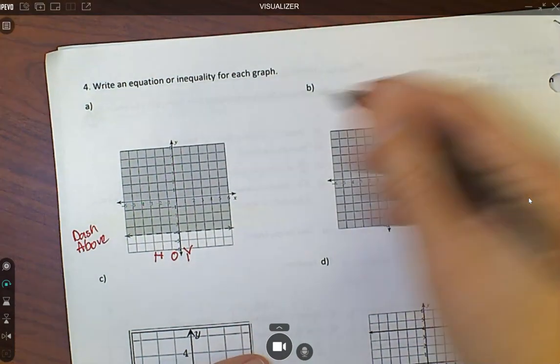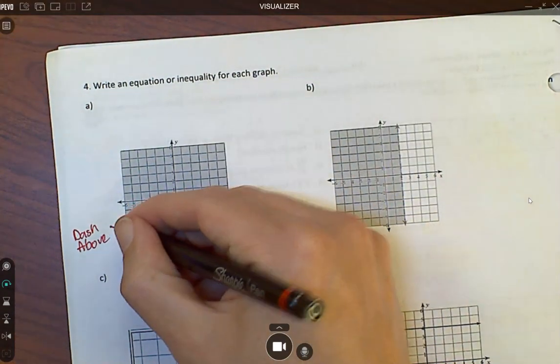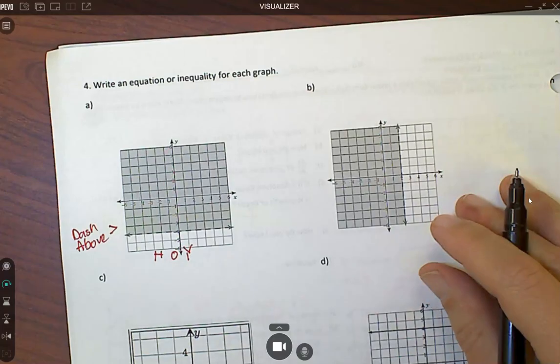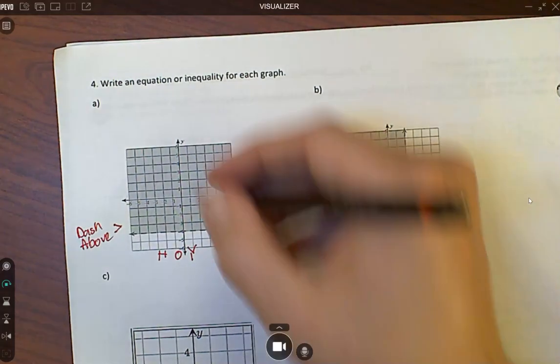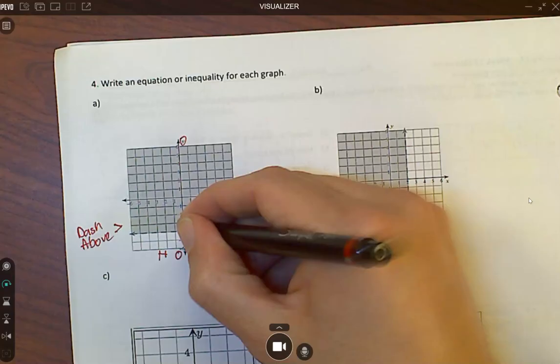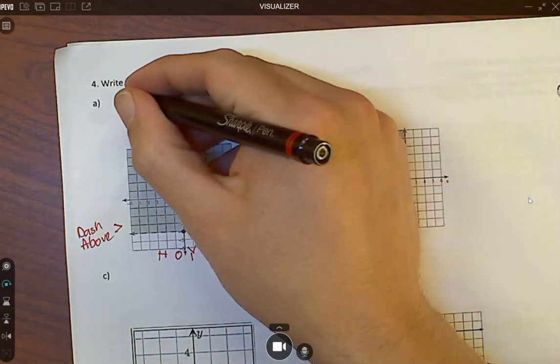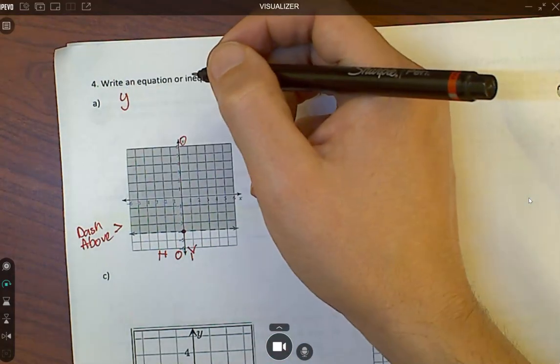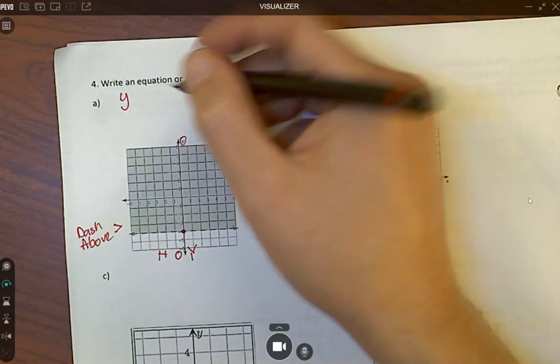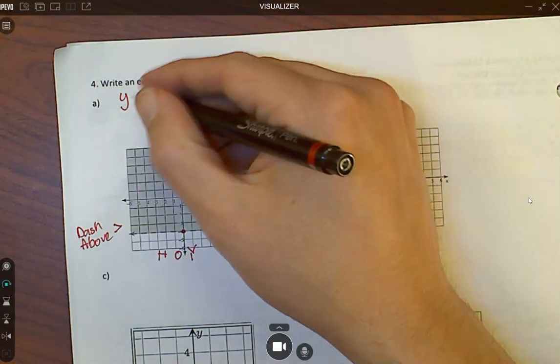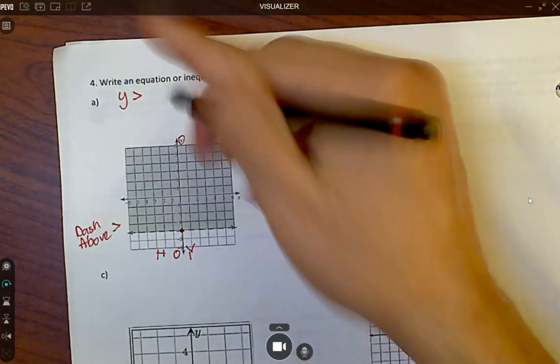So dash above is greater than. It's a horizontal line that crosses the y-axis, so we do y. We have to do greater than -4.